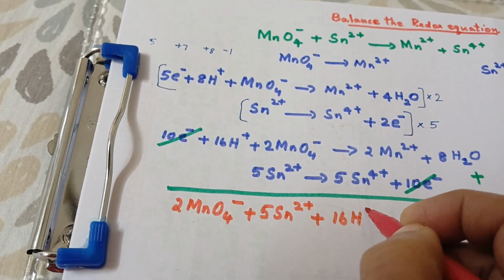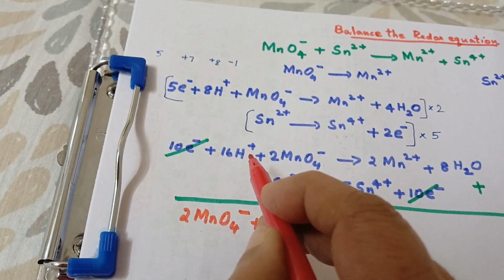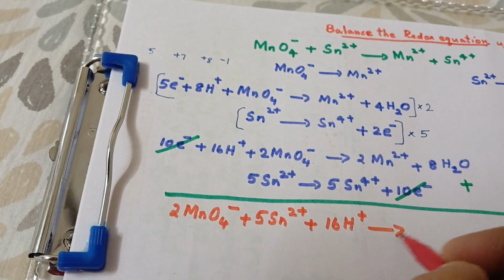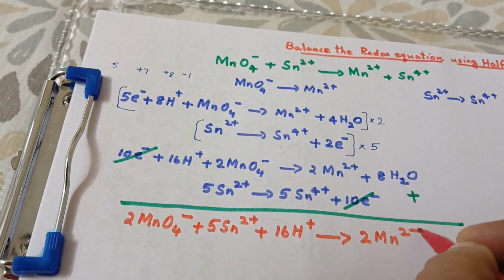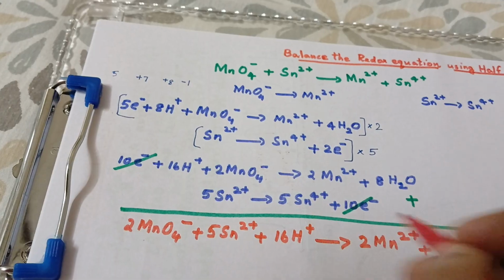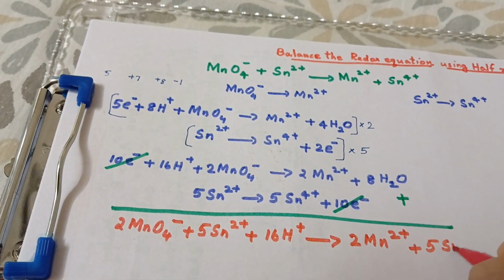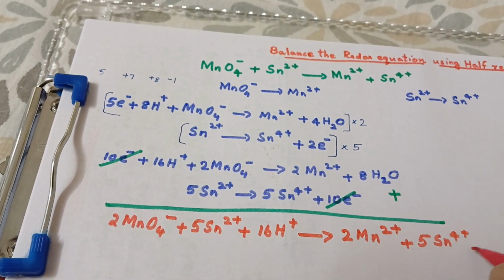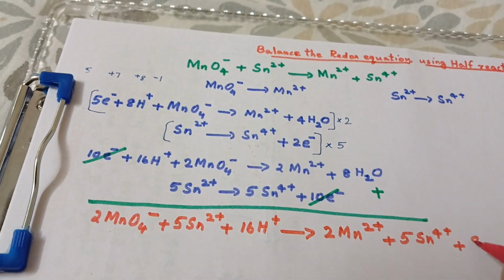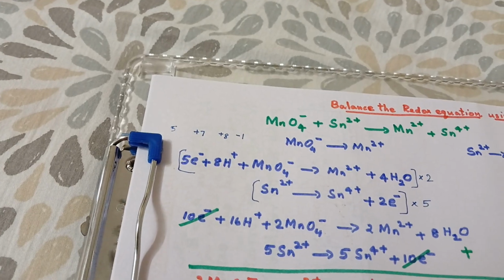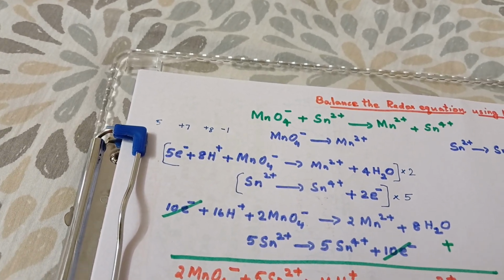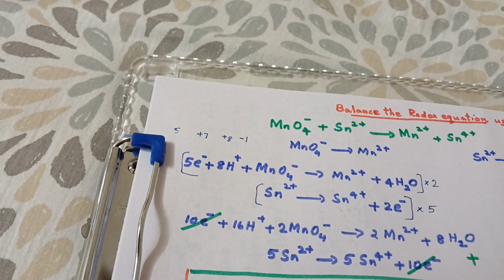That indicates that this is in the acid medium, giving 2 Mn2 plus, 5 Sn4 plus, 8 H2O. So this is the balanced equation for the acid medium.